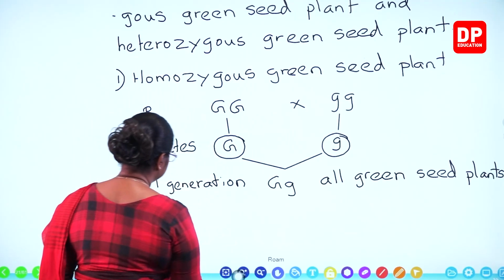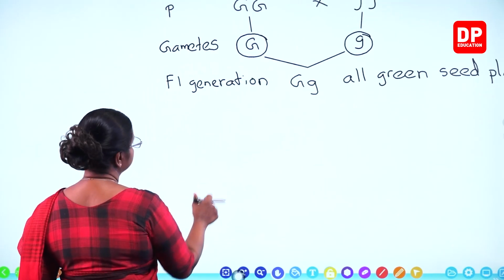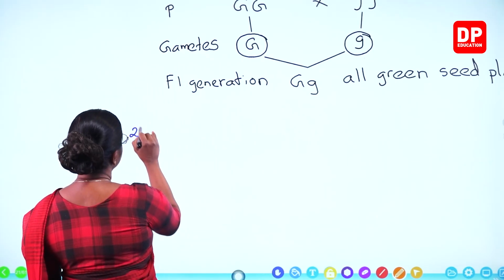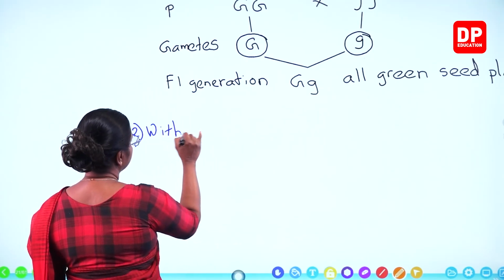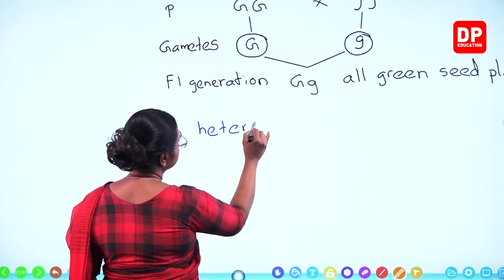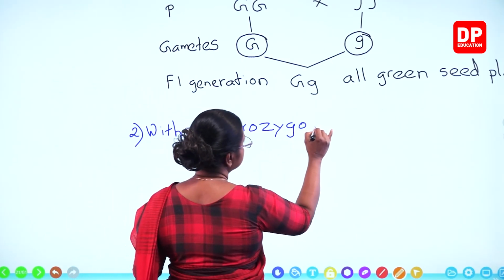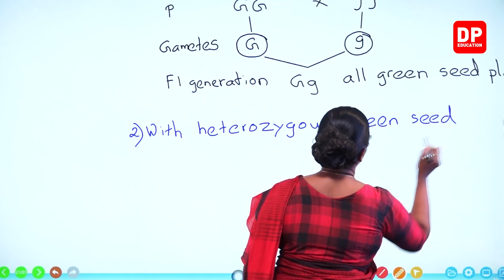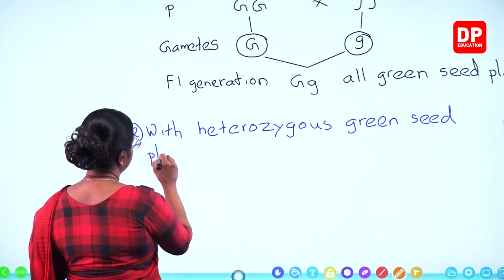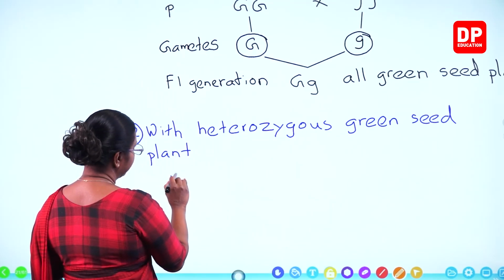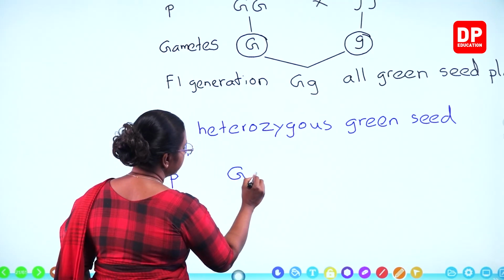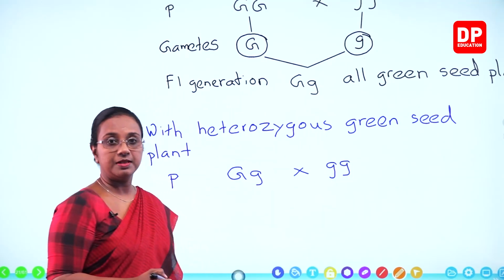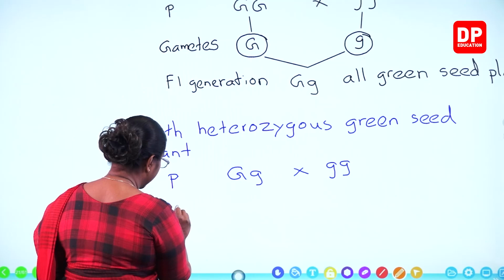Then the second one. I will use a different color. So second one with heterozygous green seed plant. So what will be the parent? Capital G, simple G and simple G simple G. So we will have the gametes.